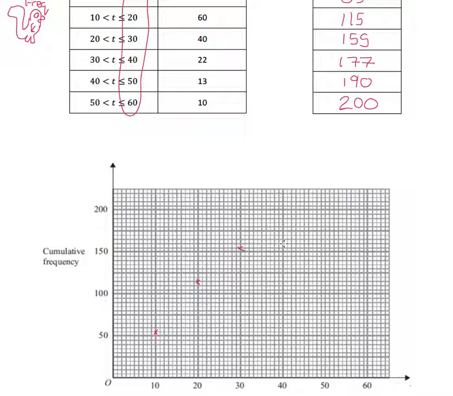So 160 will be there, 170 will be there, 175. 177 is somewhere in that next box. 50 against 190. This line's quite hard to see. There, I believe. And the last one is 60 against 200.